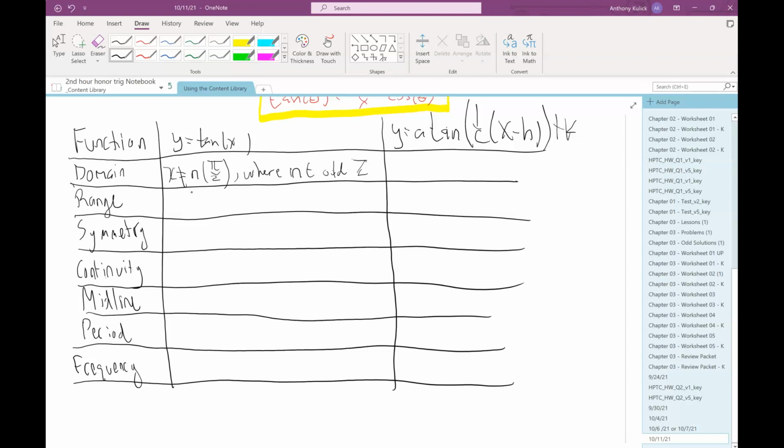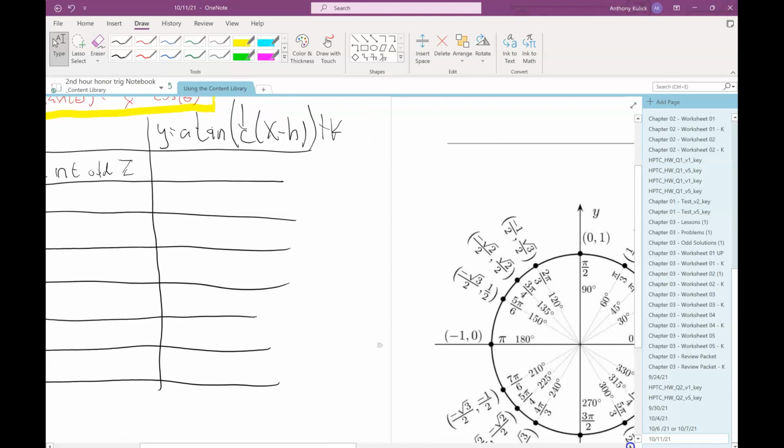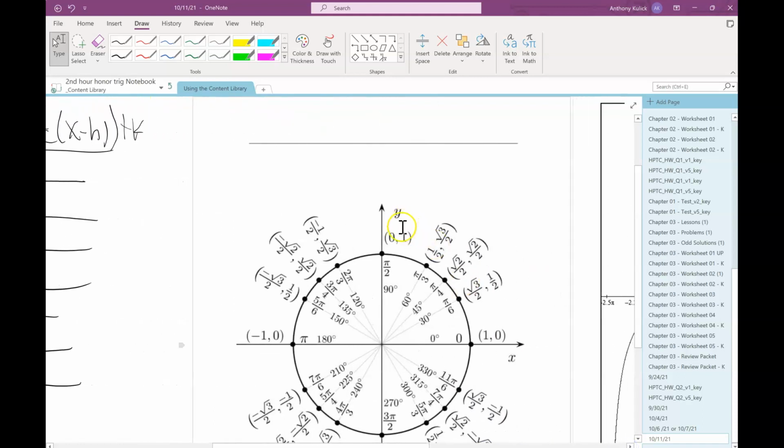Okay. Now let's think about the range here. Remember that tangent is sine over cosine, so y over x. So take, for example, this point right here on the unit circle, where x is really, really close to 0, like 0.00001, and the y-coordinate is very close to 1, say 0.99999.